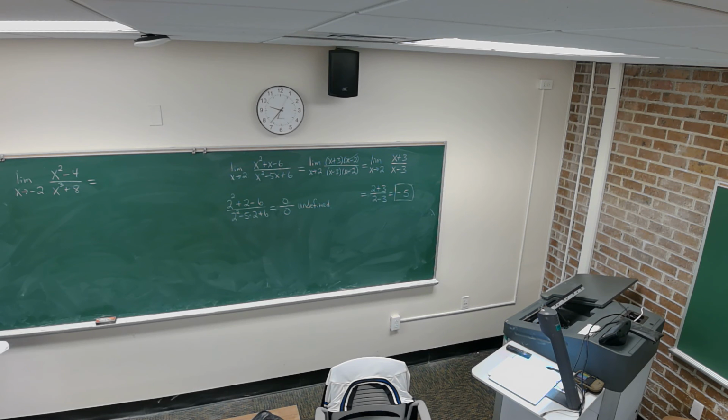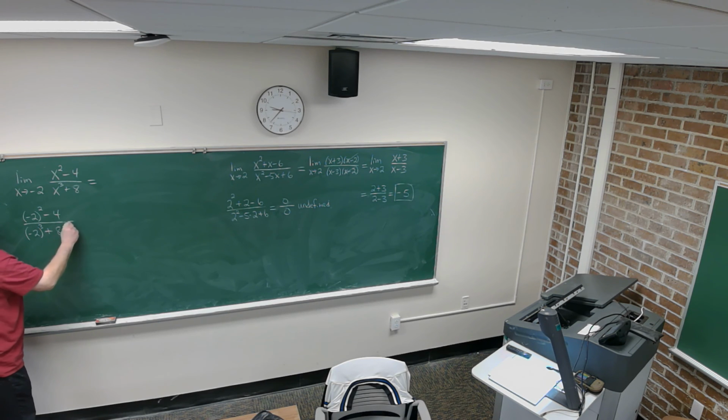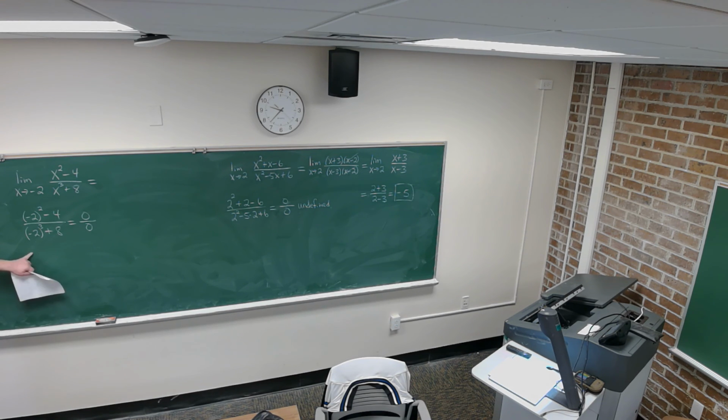And so when you do the direct substitution, we have minus 2 squared minus 4 over minus 2 cubed plus 8. And again, you end up with 0 divided by 0. And so the function is undefined at x equals minus 2. But the limit may still exist.